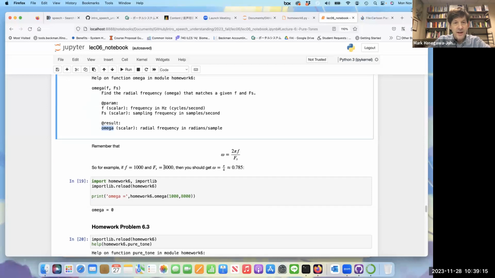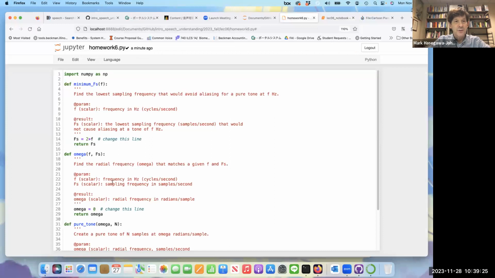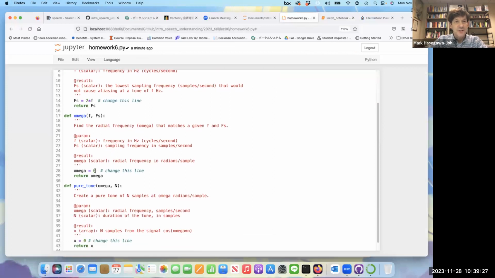So if we're given fs is 8,000 and f is 1,000, we want to get pi over 4, which is about 0.785. So right now we have 0. But if we go to the homework and change this to 2 times pi times f over fs, then that should give us about 0.785.